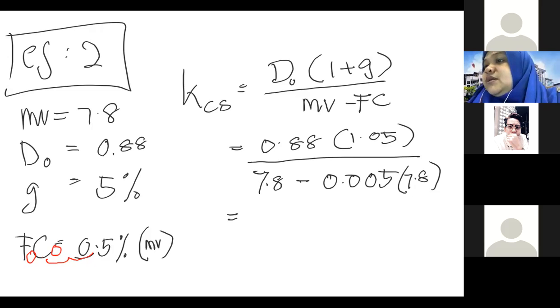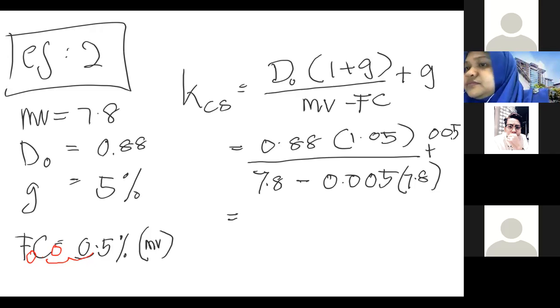Can you help me? What is the answer? Sorry, you need to plus growth, 0.05. 0.88 times 1.05. What is the answer? 0.924.